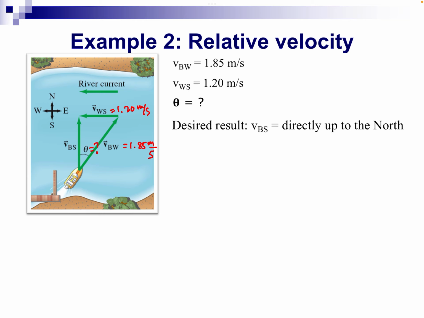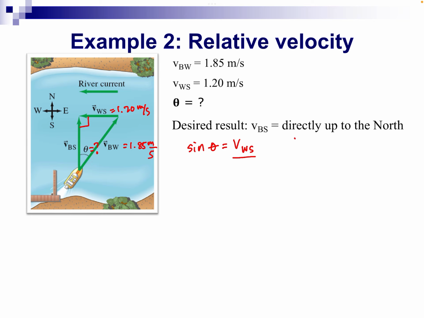So notice how these three vectors form a right-angled triangle. There is a 90 degree angle between VWS and VBS. What we want to find is the angle theta. We can use the trigonometric identity: sine theta is equal to the side opposite the angle, in which case that is the velocity of the water relative to the shore, divided by the hypotenuse, right?